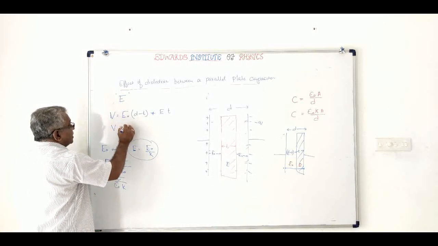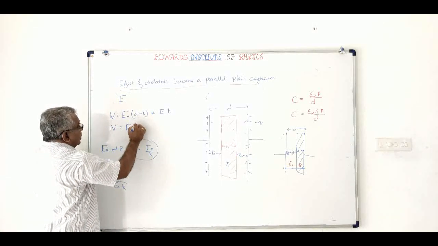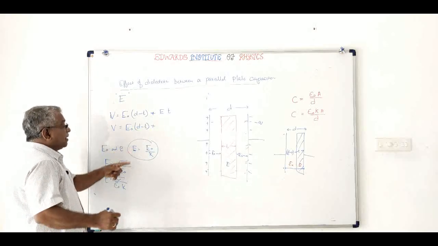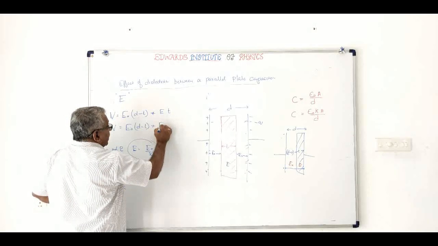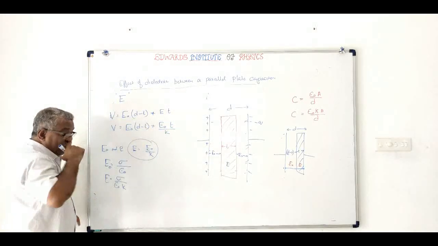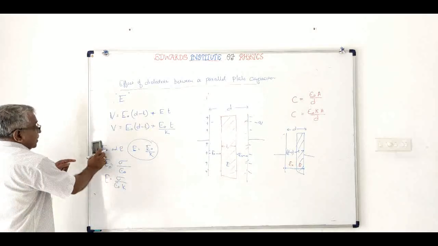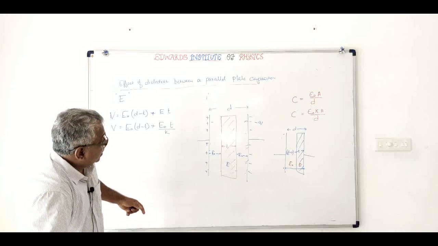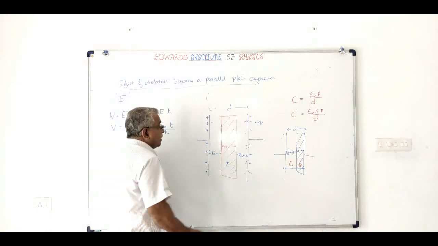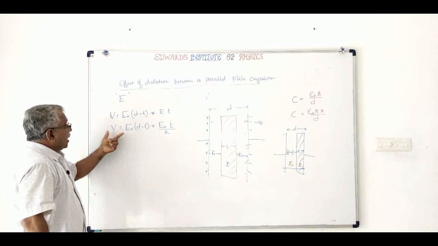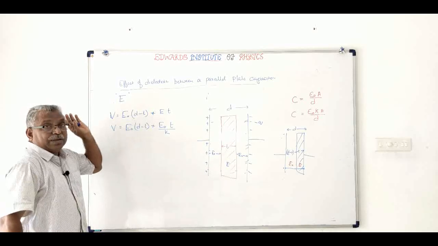So I am writing V is equal to E0 into D minus T plus, instead of E I am writing E0 by K. Now this is the potential between the two plates. By introducing a dielectric, the potential has changed to this one. Otherwise it would have been E0 into D only.